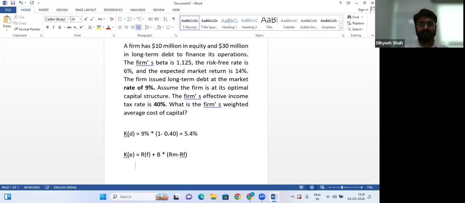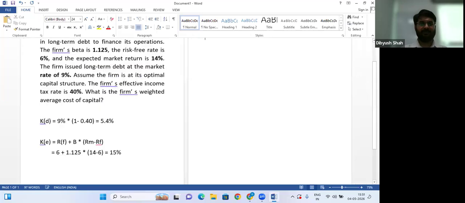So in this case RF is 6%, beta is 1.125, and RM is 14%. So it is 14 minus 6. This is your cost of equity.